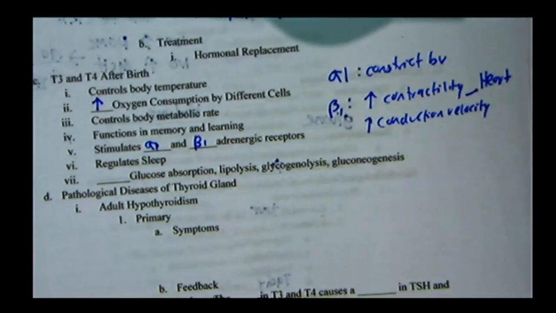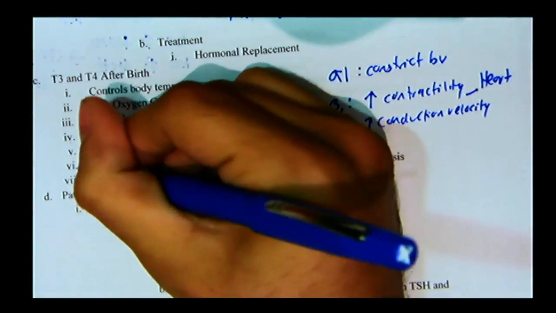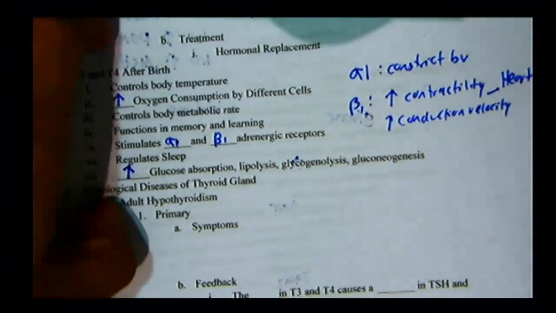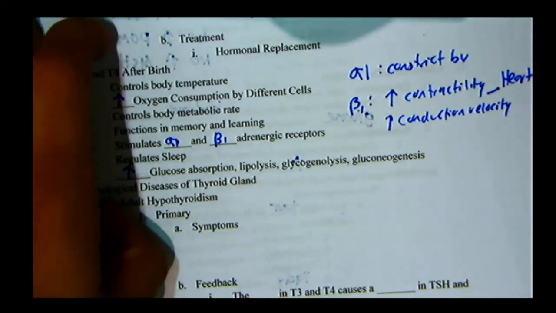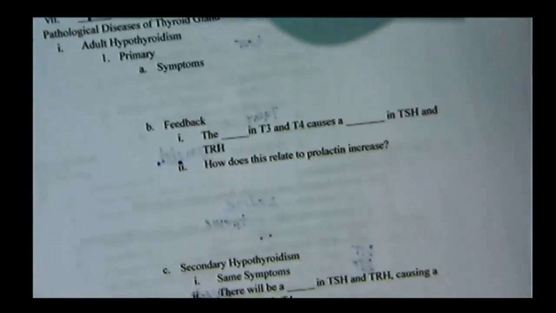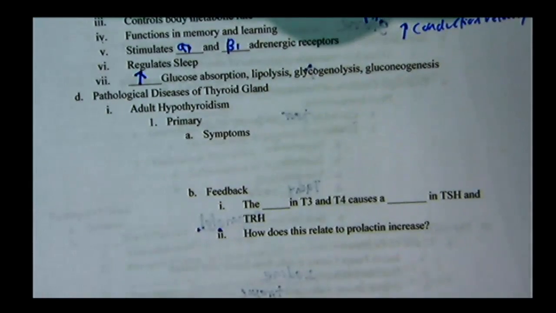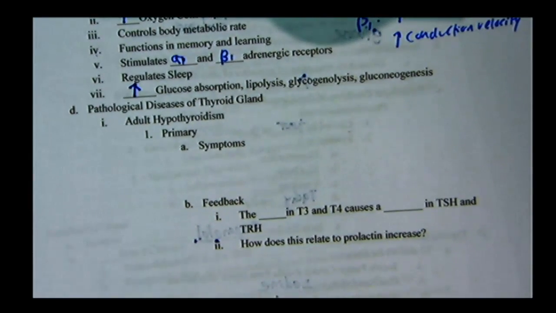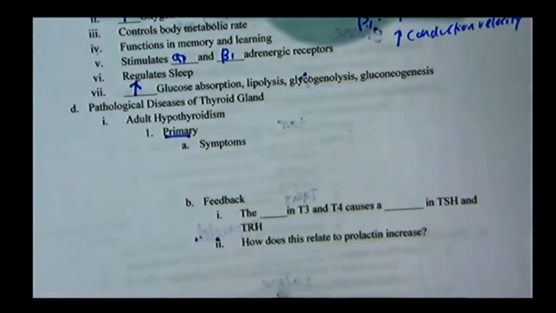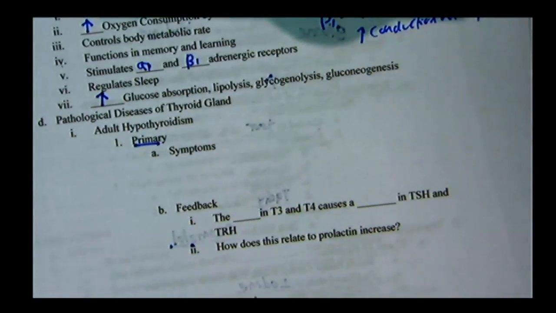So there are quite a few pathologic conditions of the thyroid gland. So there's adult hypothyroidism. So there's primary. So what are the symptoms of hypothyroidism? So weight gain.